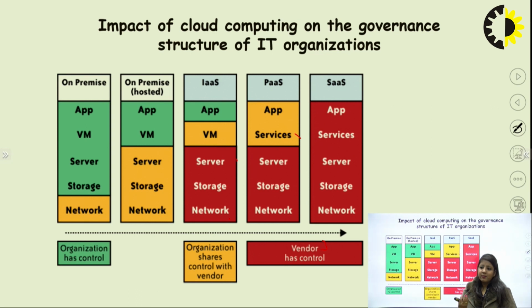If I want to host my website over the cloud, and I don't have a web server, I can take the services from the cloud and host my website there. For example, Google App Engine. Google App Engine provides the service of a platform, and with its help, the customer can host their website. So it is already providing the platform for deploying web content.